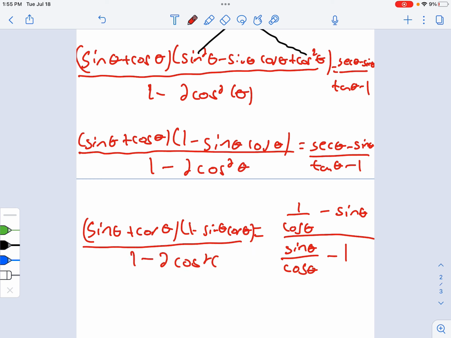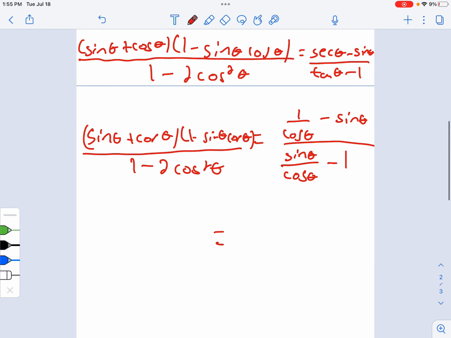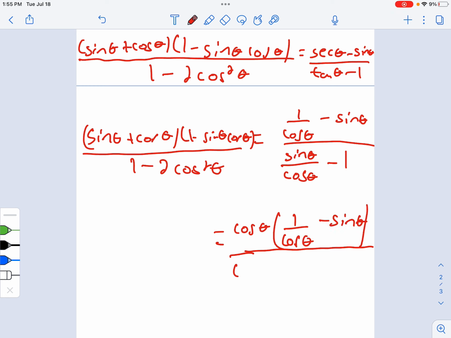And what I'm going to do with that right-hand side is this. This is what we call a complex fraction. And I'm going to multiply both the numerator and denominator by cosine. And I'll explain why right now. There's a couple ways of simplifying this. This is one.